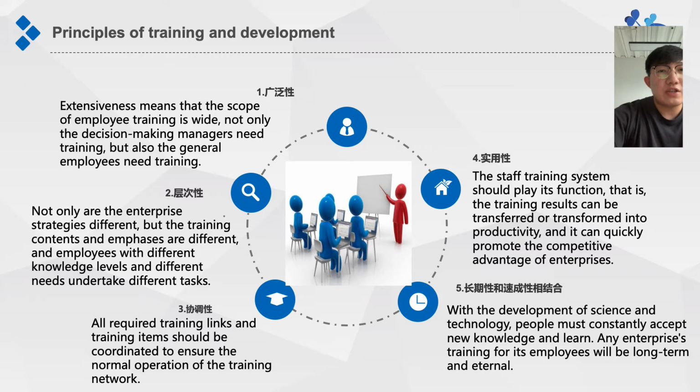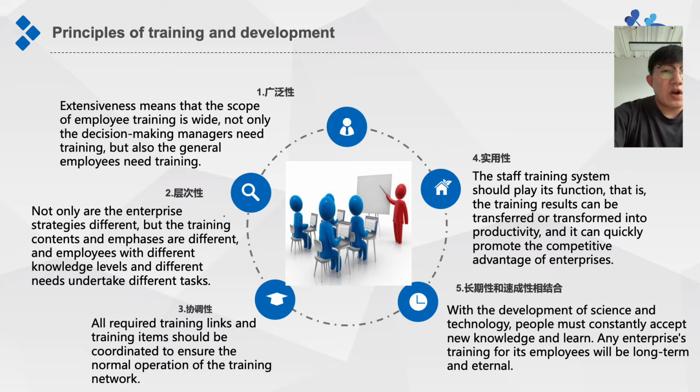Not only the decision-making managers need training, but also the general employees need training. And second, not only is the enterprise strategy different, but the training contents and methods are different. And employees with different knowledge levels and different needs undertake different tasks.